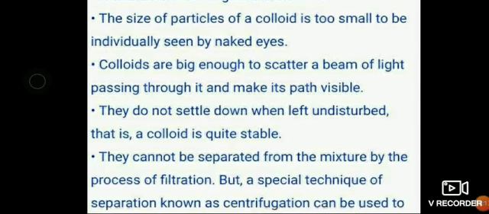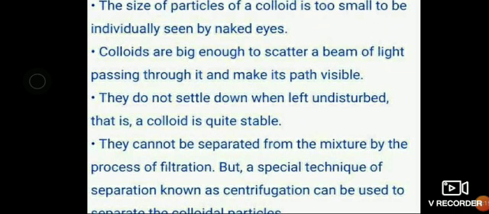They cannot be separated from the mixture by filtration, due to the small size of the colloidal particles, but they have a large size in comparison to a true solution. They have a very small size in comparison to a suspension, so we can filter out the solute and the solvent from a suspension very easily.